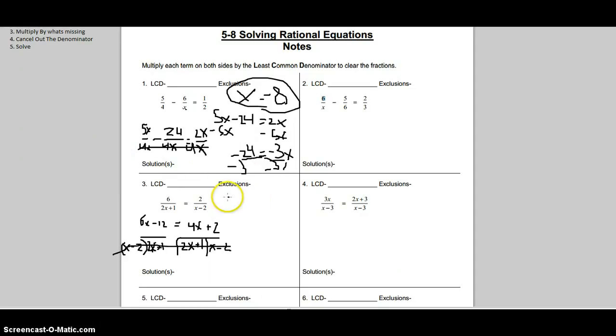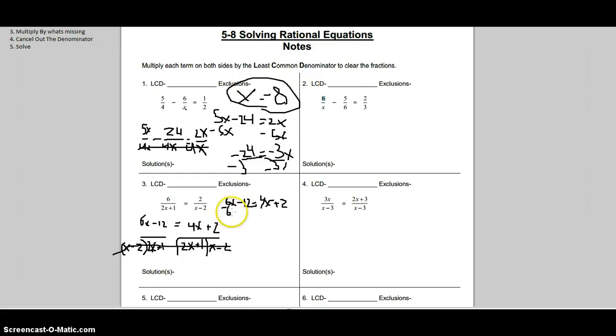So we have 6x minus 12 equals 4x plus 2. We can go ahead and try to get the x's to one side.